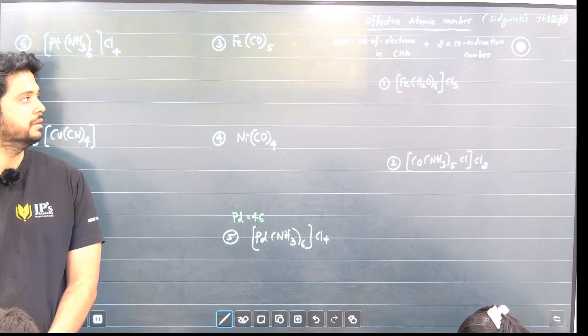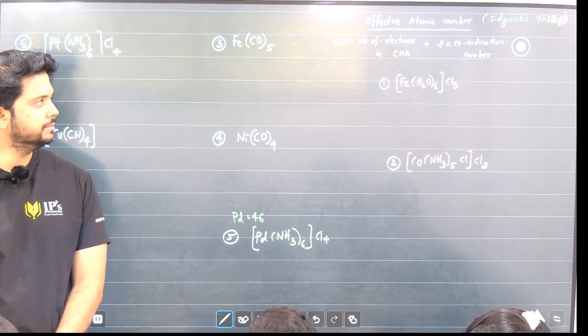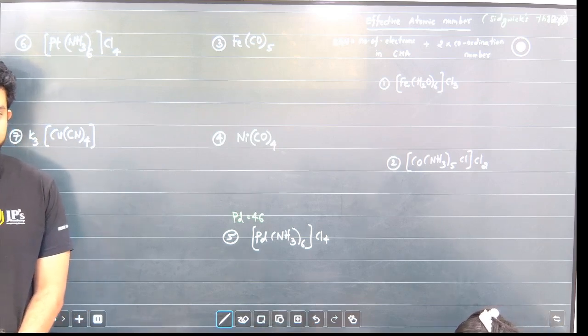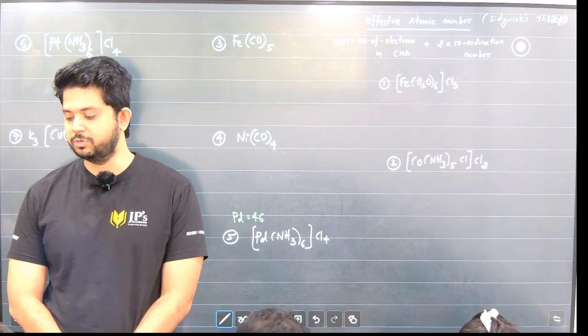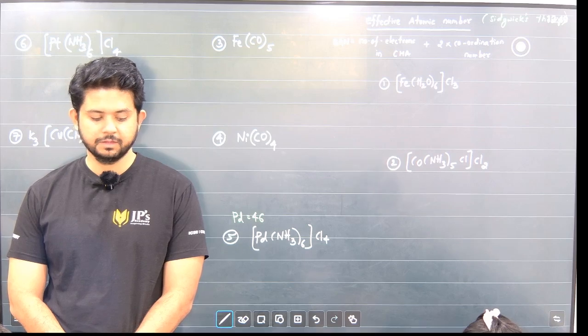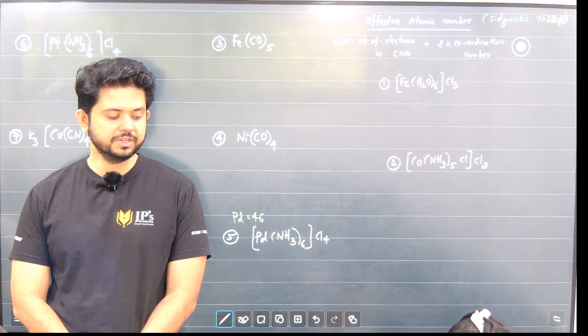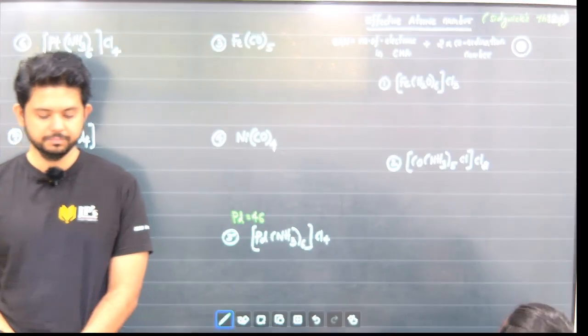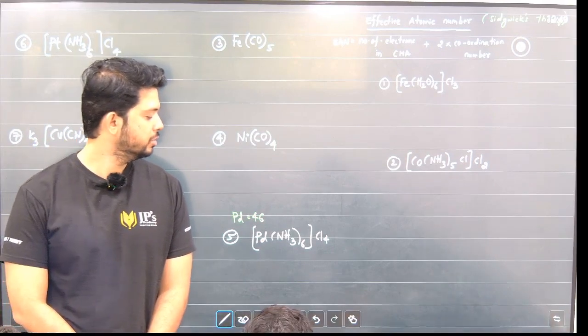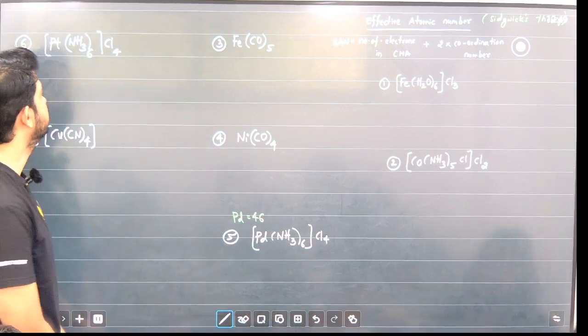Next line, I've written a formula on the board. Effective atomic number is equal to the number of electrons in the central metal atom or ion, plus 2 into coordination number.